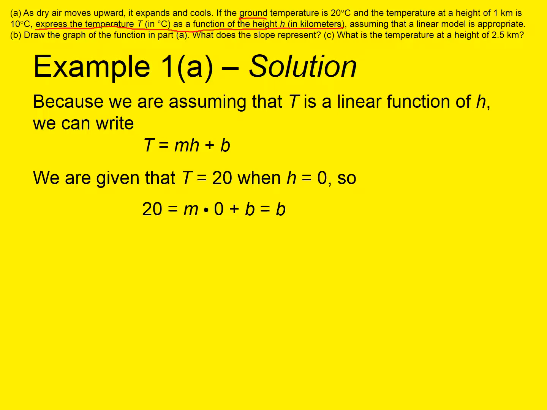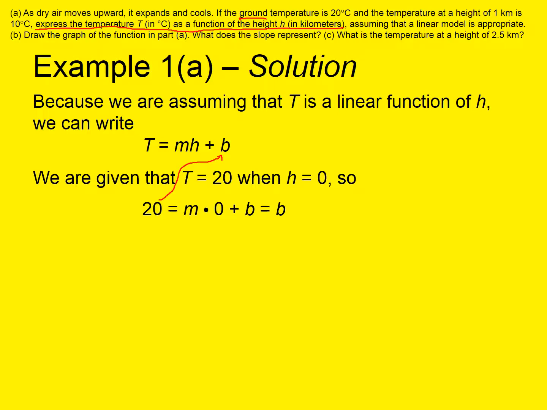So substituting 20 for t and 0 for h, we are able to determine that b is 20. So we're going to take that 20, we're going to throw it in there for b. Now we have to get an m, and then we'll have our model.